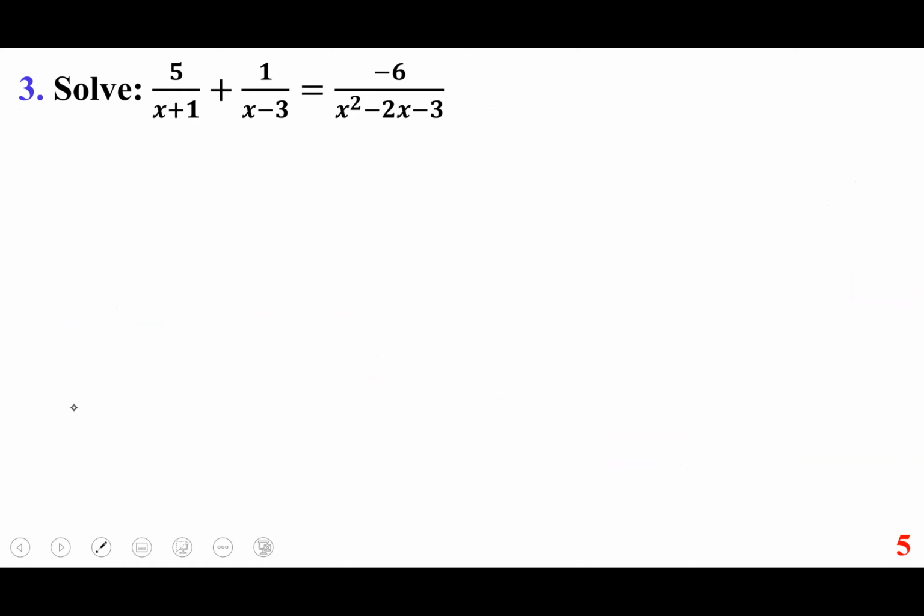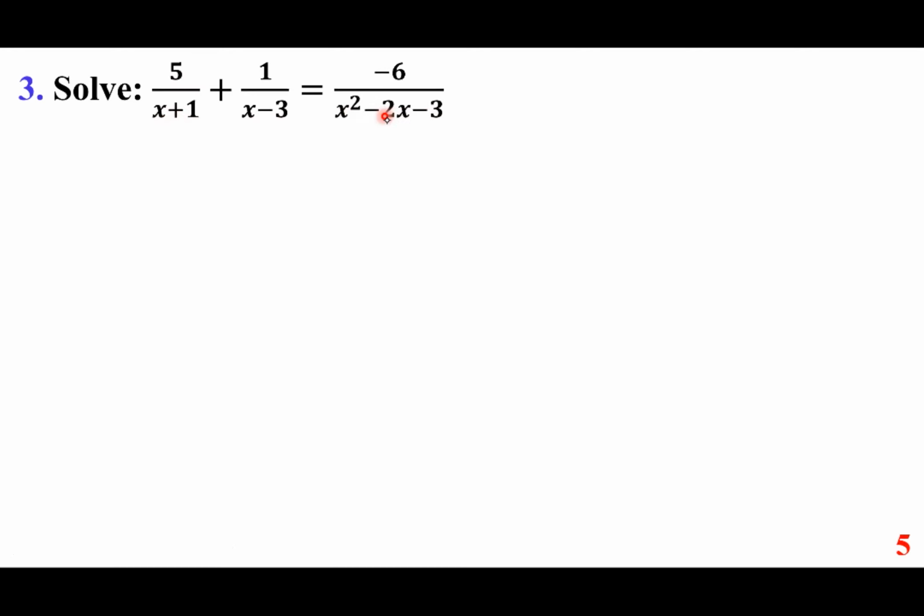The best course of action to solve a rational equation is to factor every denominator and then multiply by the LCD, the least common denominator, to get rid of all fractions, and of course exclude whatever makes each fraction undefined. Therefore, when we look at the first one, this is a prime polynomial, so is this one.